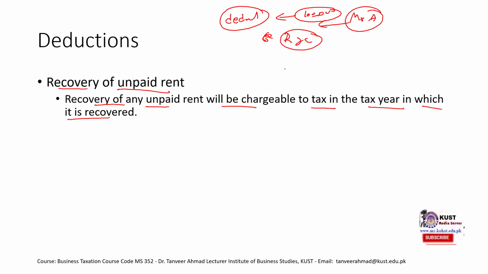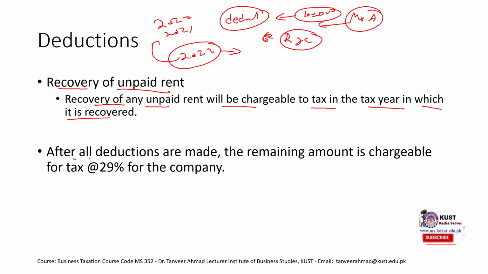We have already paid the taxes of 2020, 2021, and this is recovered in 2022, so we cannot go back and redo the tax filing of those specific years. What we can do is add this amount to the rent of the year in which that unrealized rent is recovered, and then pay taxes in that specific year.